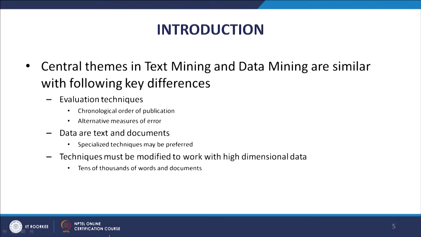If we have tens of thousands of words and documents, we are going to have a lot more unique words and therefore attributes, and the dimensionality of the data set would be on the higher side. So techniques will have to be scaled up and modified to be able to process that large amount of data. So these are some of the key differences that are definitely going to be there.